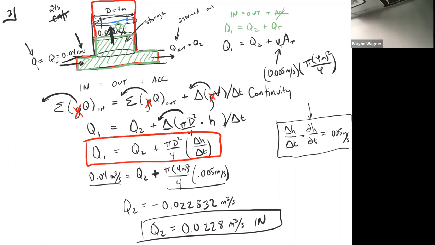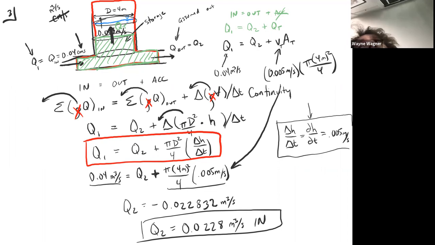Notice that if I plug in 0.04 cubic meters per second, this is the exact same equation as right here. It's just that instead of having a dH/dt, we've got a velocity. It's really just whichever way you want to think about this problem. Not too many of my students even bother drawing a control volume, and that's just fine. But that's how you work this one.